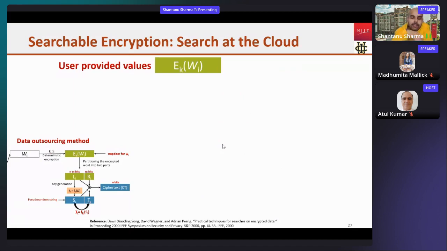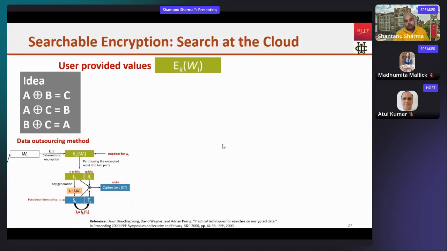As I told you in the previous slide, EKWi means the encrypted ciphertext representation for one particular word. It will work as a trapdoor. It is here because we want to search the same trapdoor over the data. And the idea is this: if we have three numbers a, b, c, and we perform XOR between a and b, the output is c.